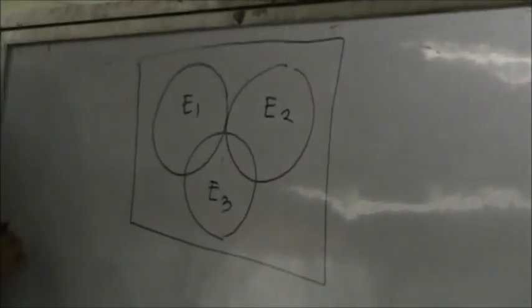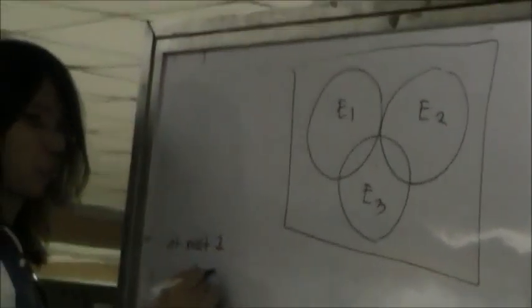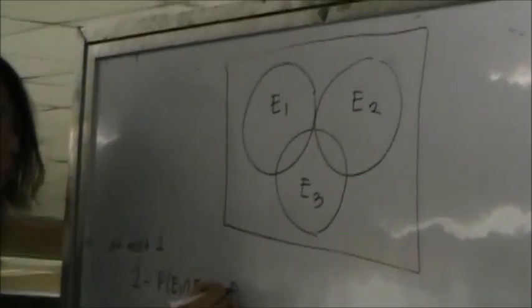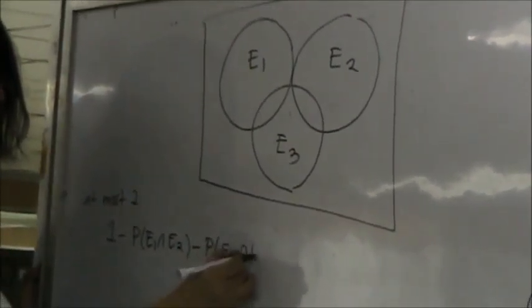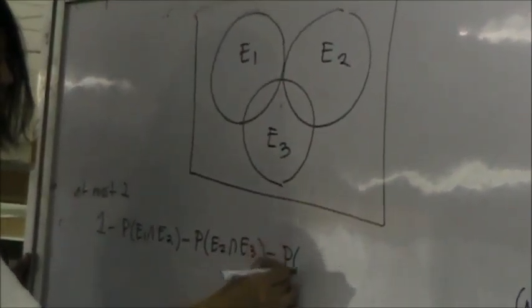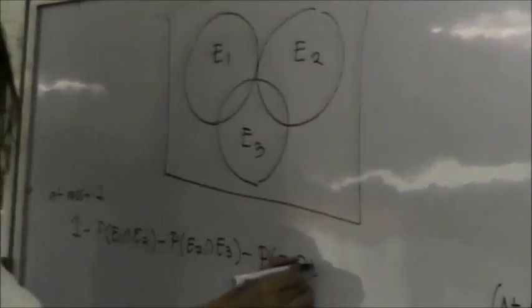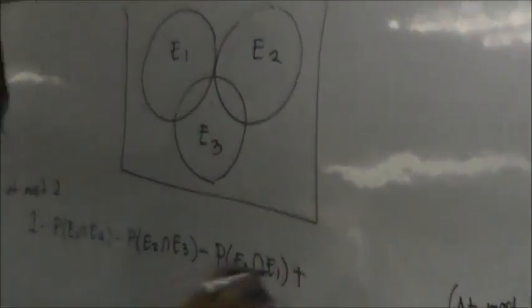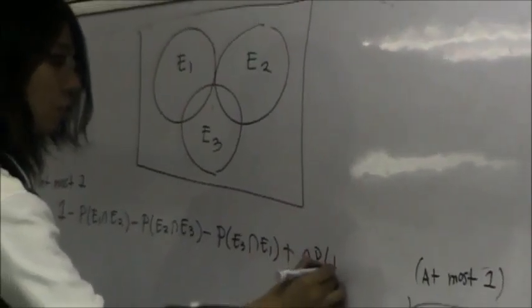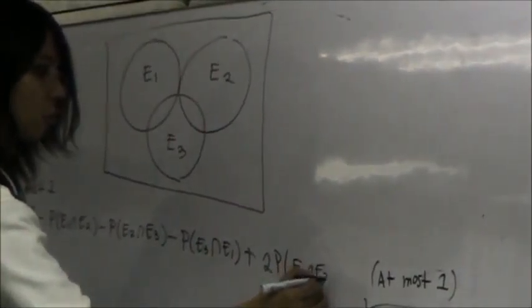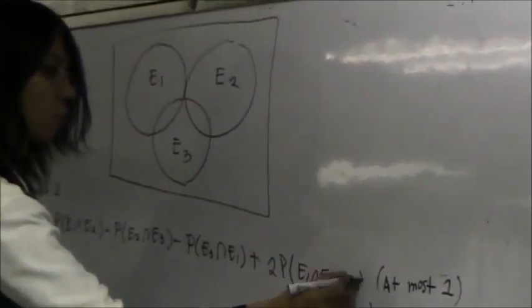The formula a while ago for at most 1 for 3 events was 1 minus P(E1 intersection E2) minus P(E2 intersection E3) minus P(E3 intersection E1) plus 2 P(E1 intersection E2 intersection E3).